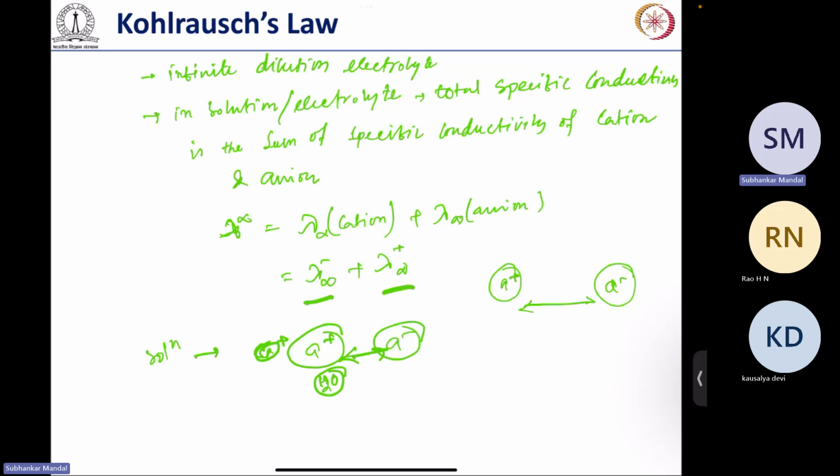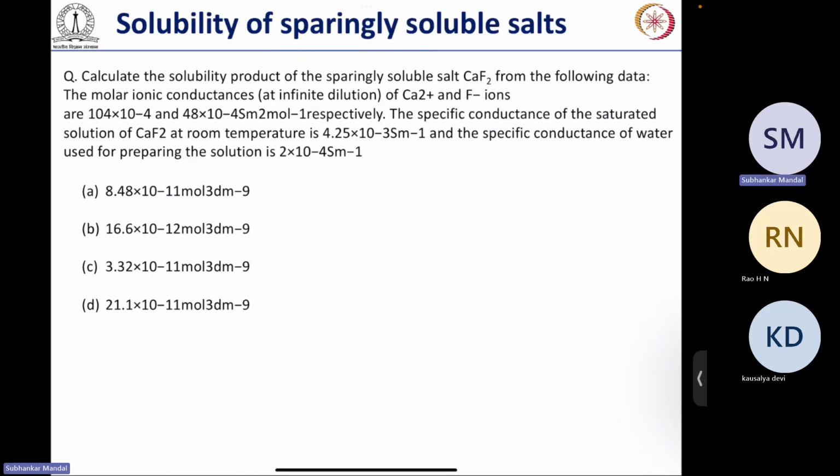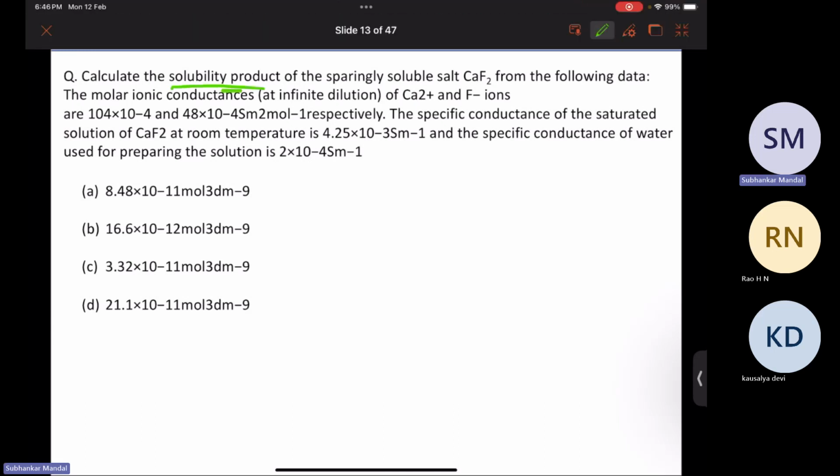So we can discuss a problem, then it will be more clear, and which type of question can come from this. Earlier, whatever we discussed on solubility product calculation, we have already done.